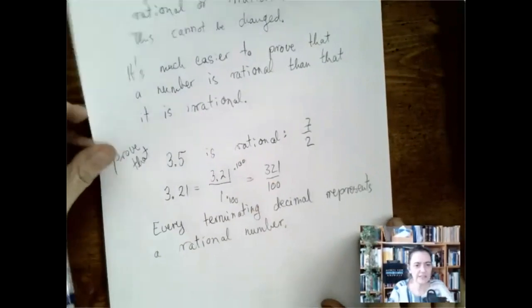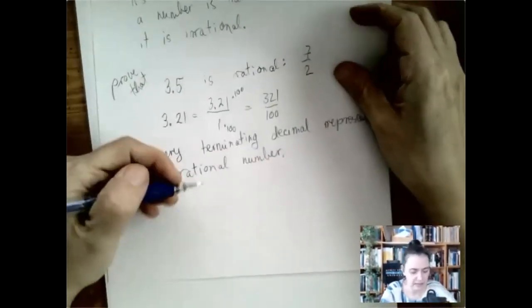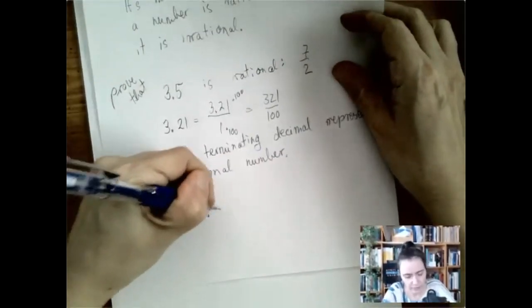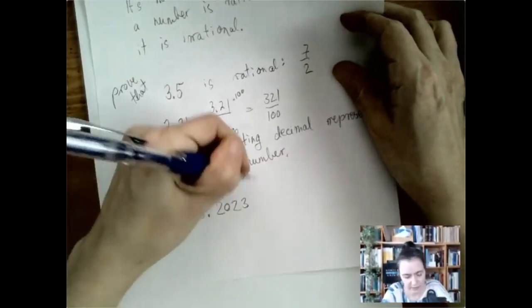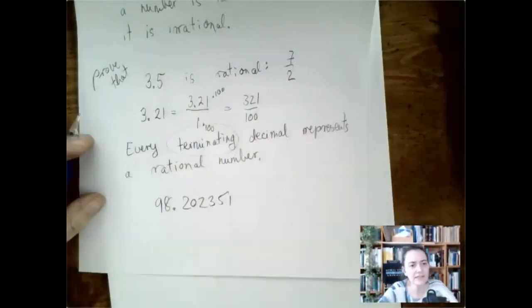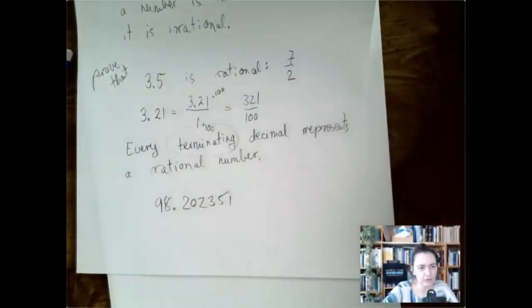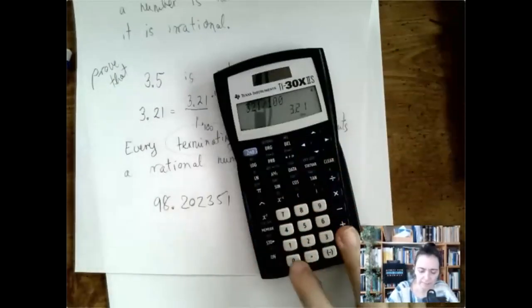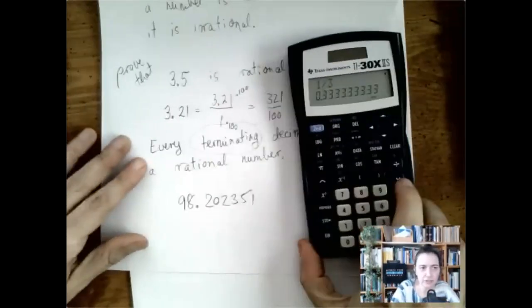Because if we have something hideous like 98.2023, well, terminating means there is a last digit. It doesn't go on forever, like 1/3 goes on forever, right? 1/3 goes on forever.